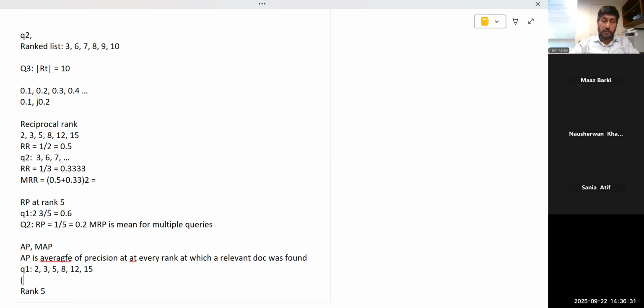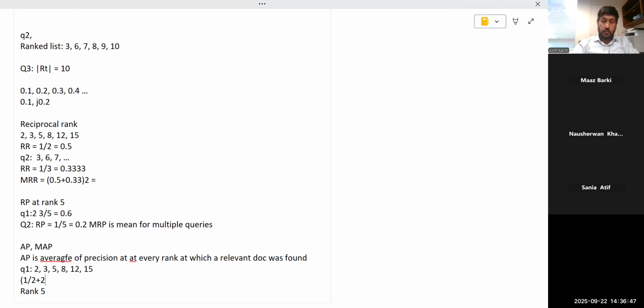So we want to take the average. So it will be, so we have found one document at rank 2. So 1/2, ठीक है. So how many documents have we found at 3?